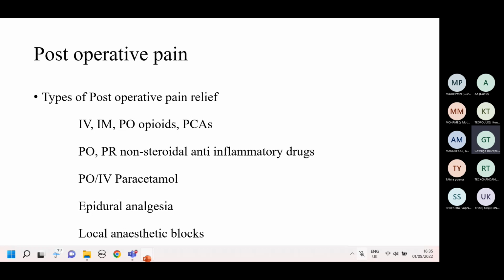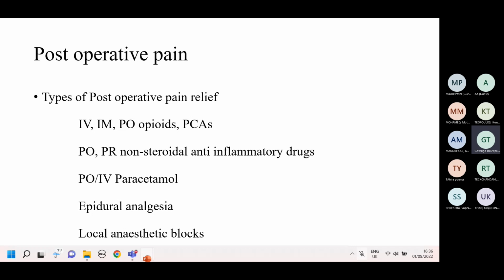We can provide multimodal analgesia in the postoperative period, such as patient-controlled analgesia, non-steroidal anti-inflammatory drugs and paracetamol, and mainly mild to moderate or severe strong opioids. That would do better in the post-operative period in the ITU and HDU setup.